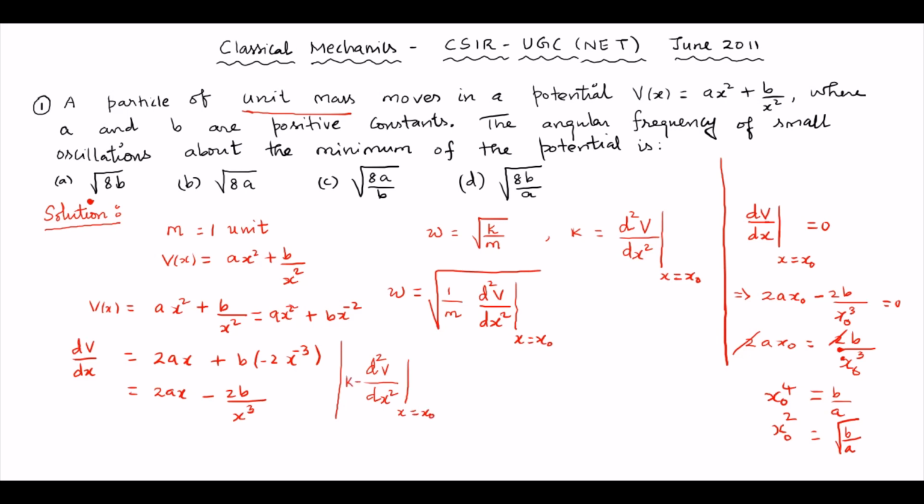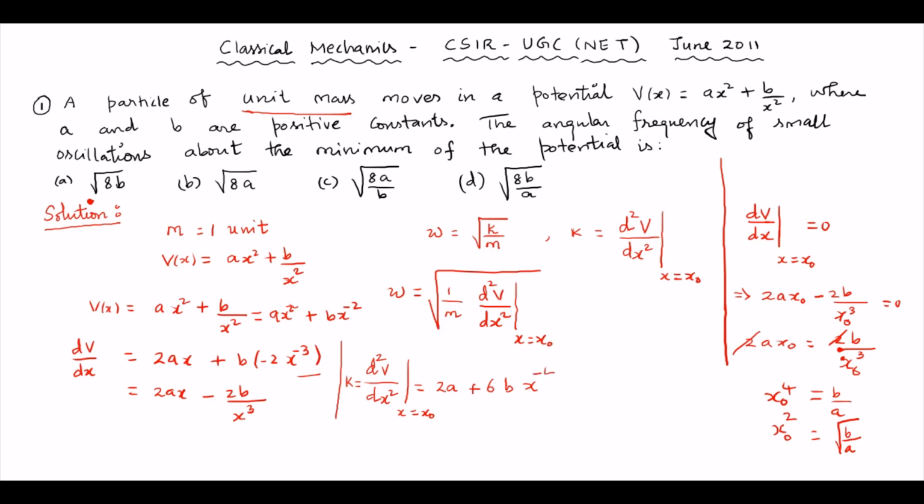The second derivative is equal to 2a minus, taking the derivative of the second term, minus 2 into minus 3, which is plus 6. So this becomes 2a plus 6b x power minus 4.